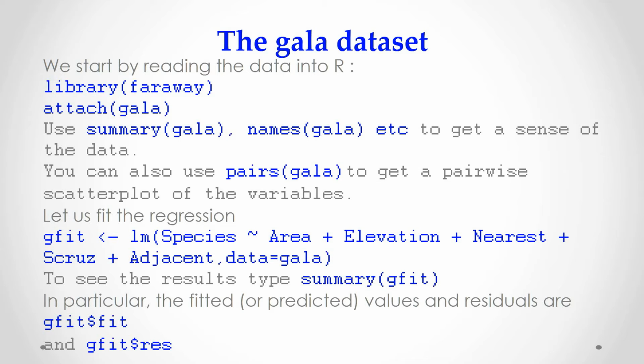This is stored in the R object gfit. We can look at the results of this fit by typing summary(gfit), and having done so, we can get the predicted values and the residuals using gfit$fit and gfit$res.